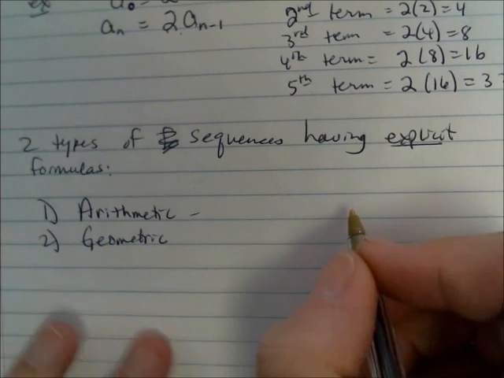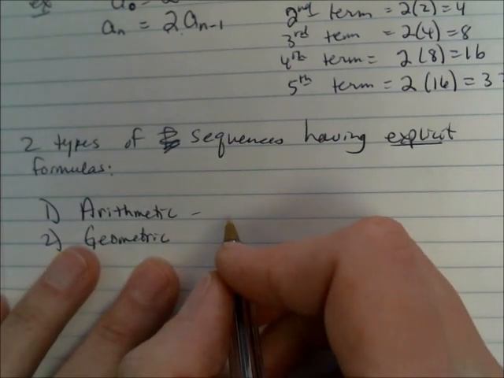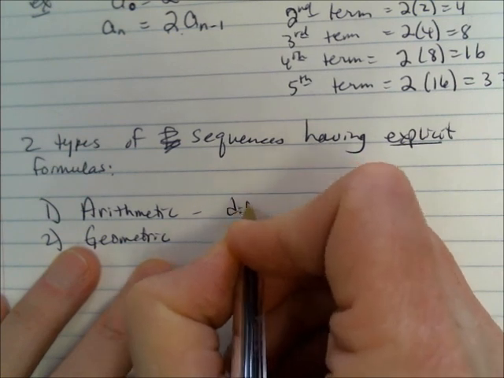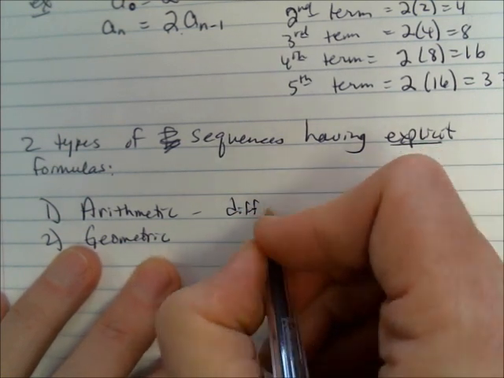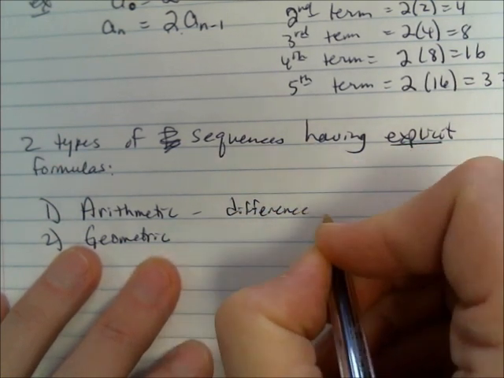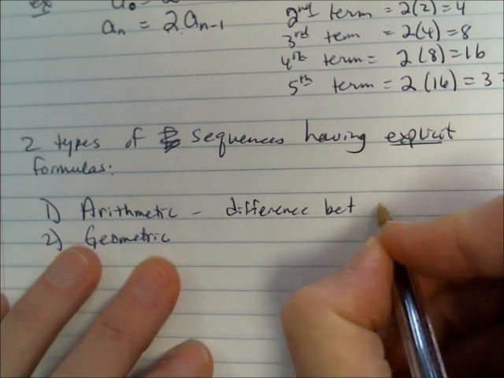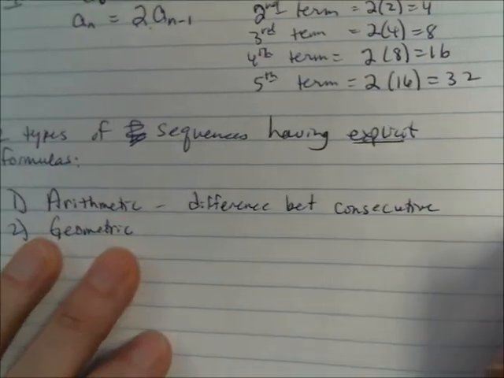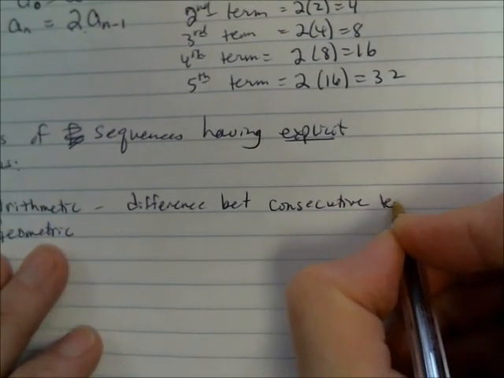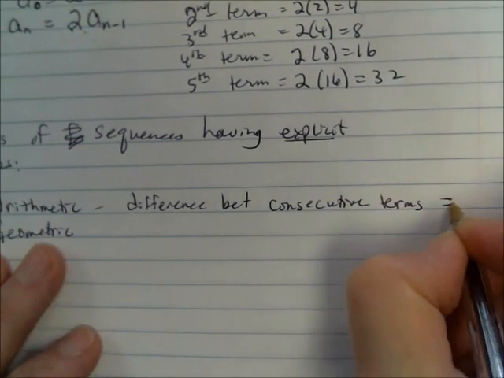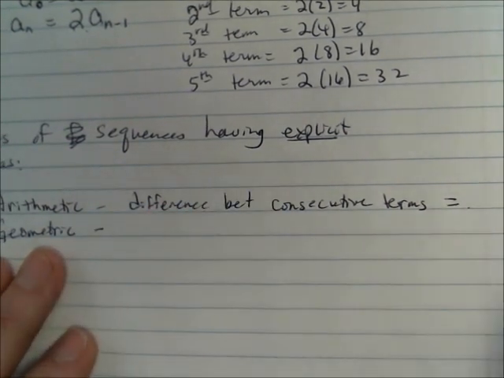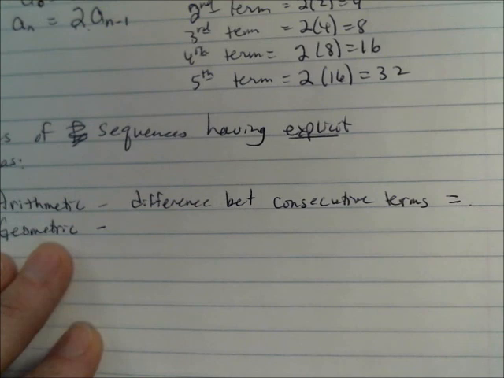In an arithmetic sequence, the difference between any two terms is always the same, or between two subsequent terms. Difference between consecutive terms are always equal. So they go up or down by a certain amount, the same amount every time.